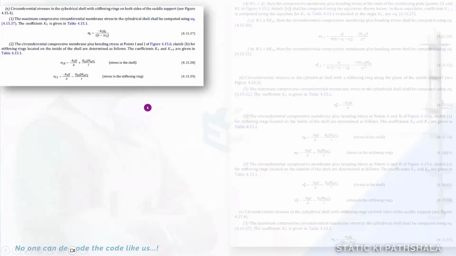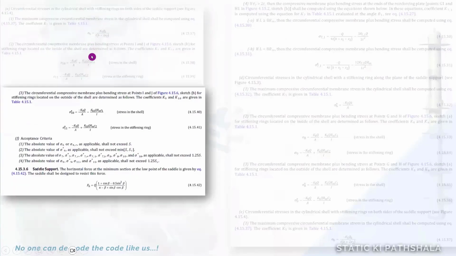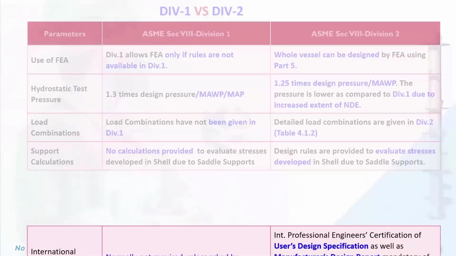Right now also, if we are using, let's say, PVElite as software, we are going to use the same ZICK method given in Division 2, and we are going to calculate the stresses as per the guidelines given in Division 2 only. Division 1 has not given any guidelines to calculate the stresses caused by the saddles at various locations.